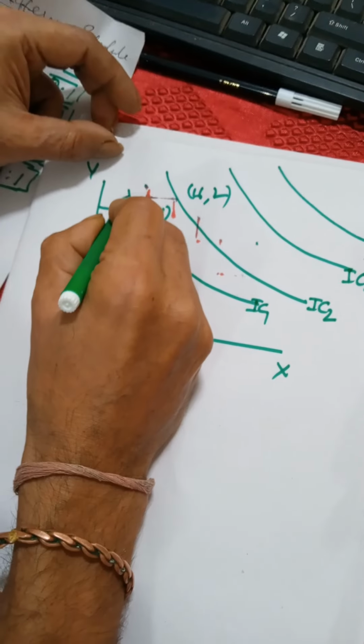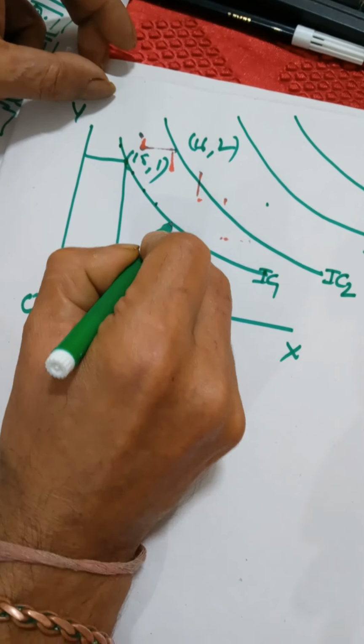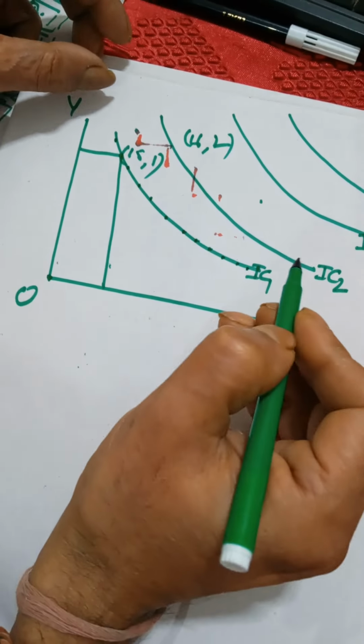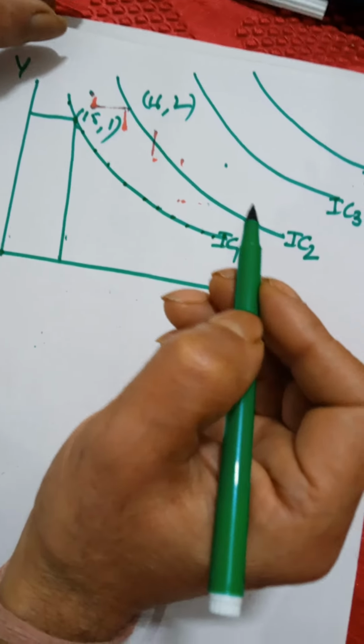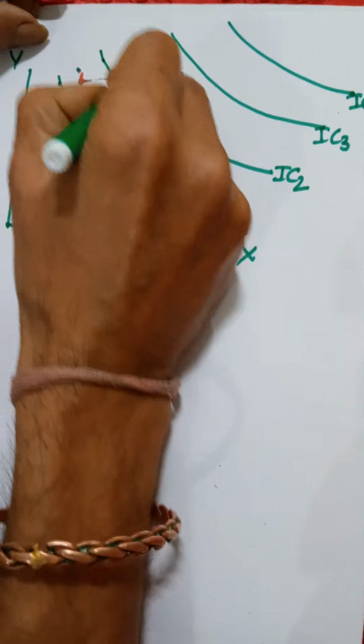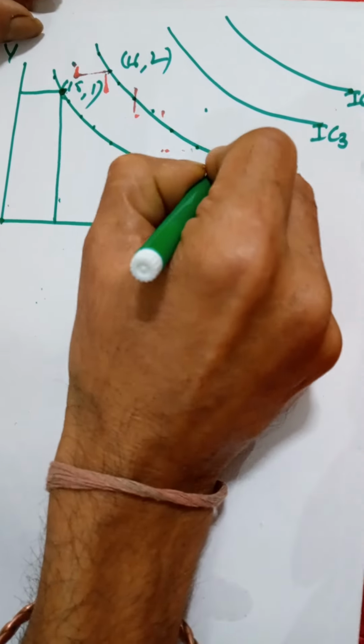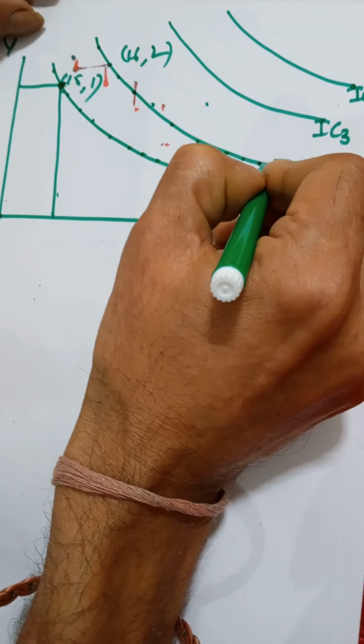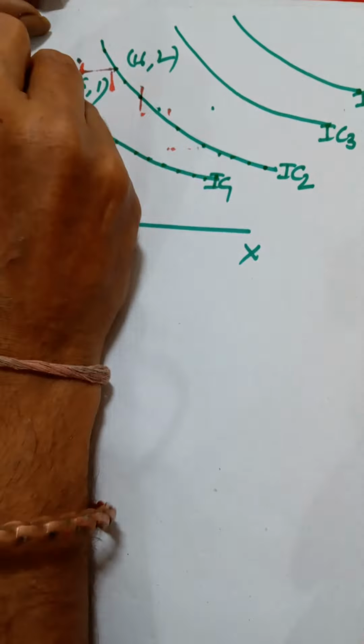You see, all these points on IC1 give the consumer the same level of satisfaction. And all these points on a higher indifference curve, IC2, again give the consumer the same level of satisfaction.